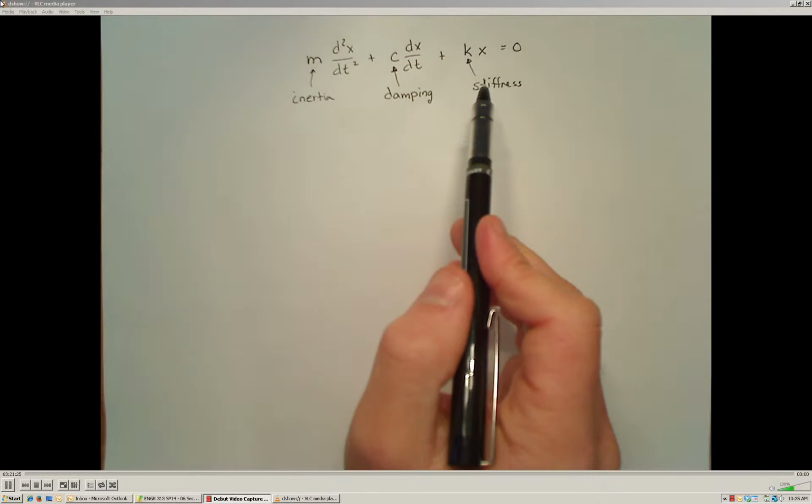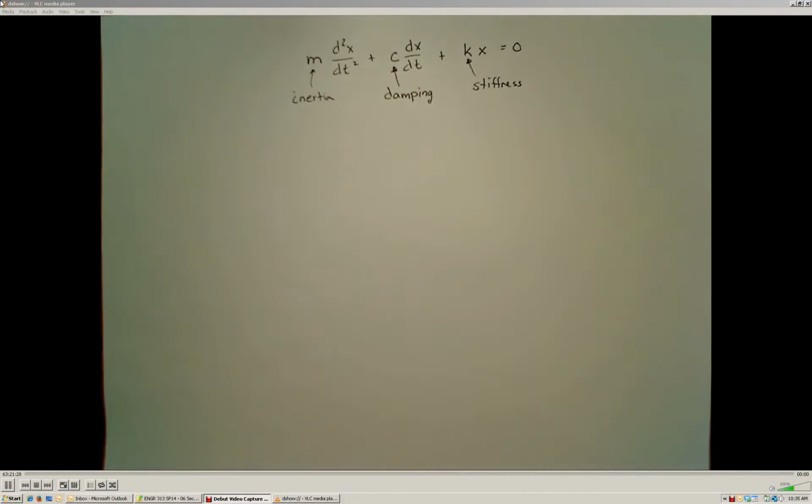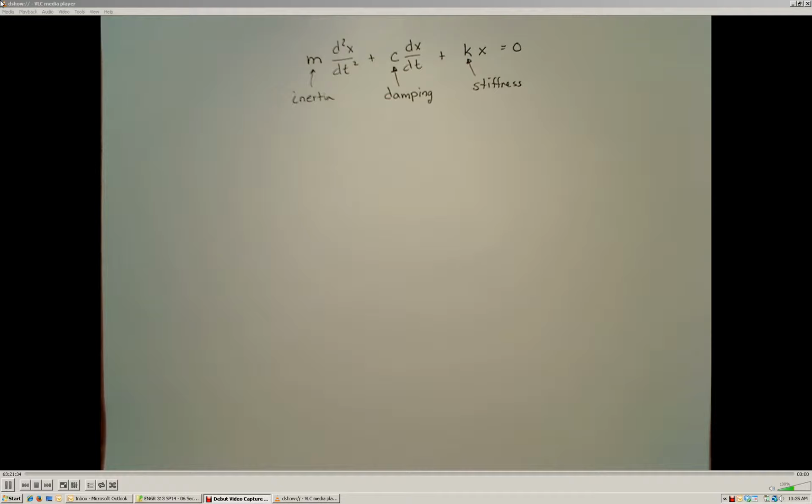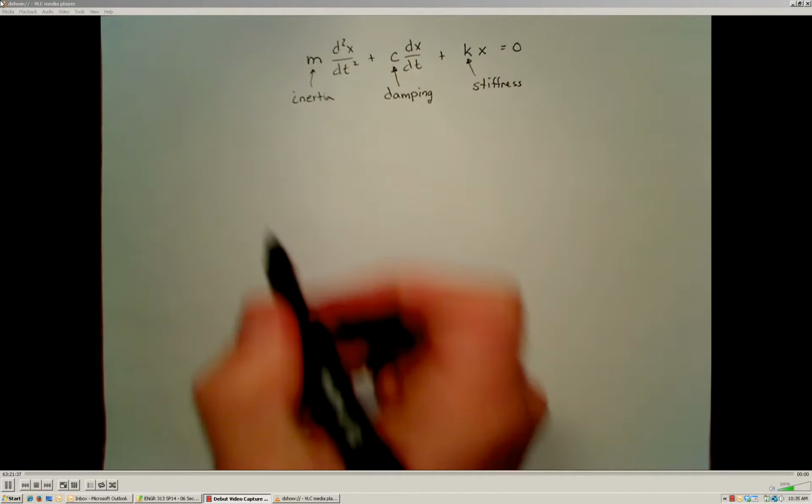Now we also have to be aware that there's a second form of the second-order dynamic system model, and that second form looks something like this.